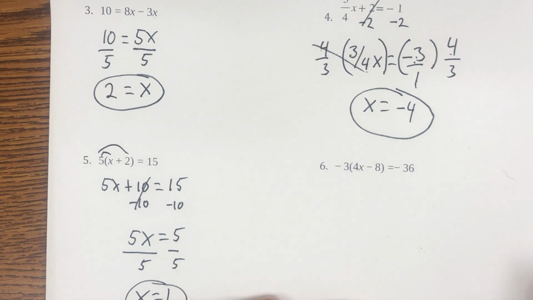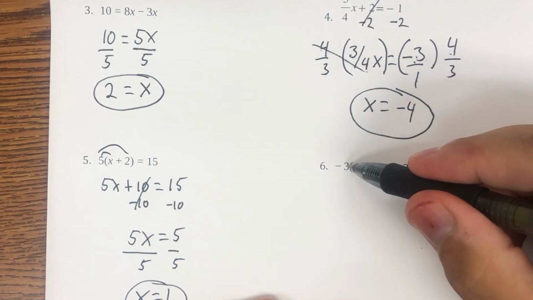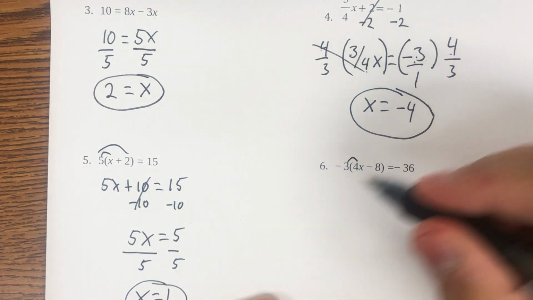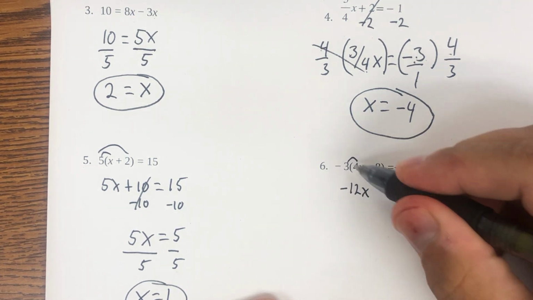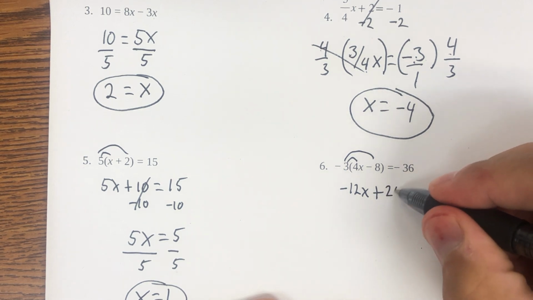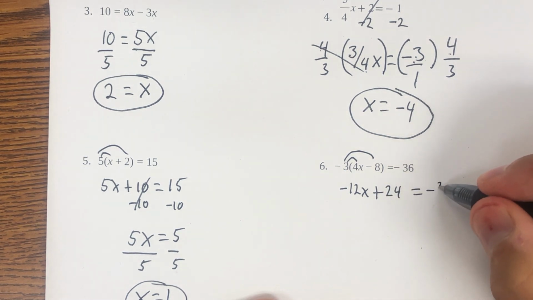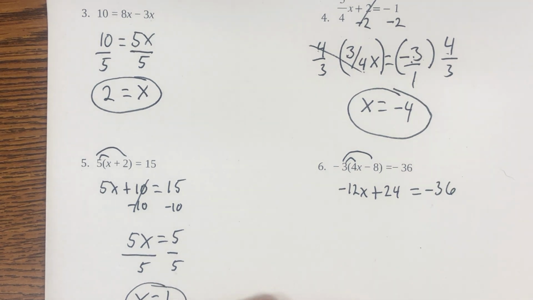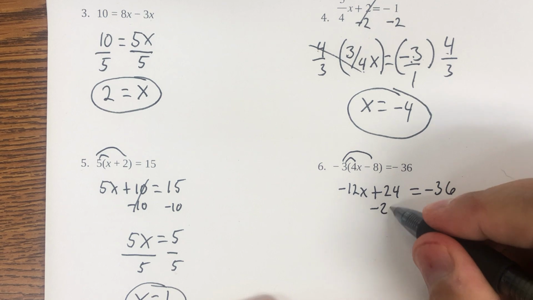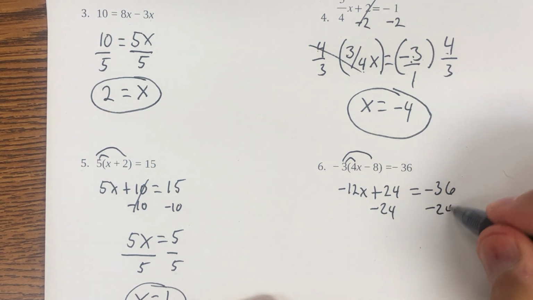Another distributive problem here. Now when I distribute the negative 3, I have to make sure I multiply by a negative. So negative 3x times 4x is negative 12x. A negative times a negative turns to a positive 24 equals negative 36. Next step, move that 24, add and subtract first. So I got to subtract 24 from both sides. And that's kind of a big one.